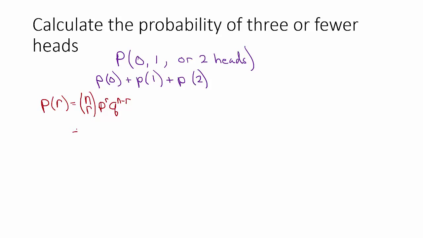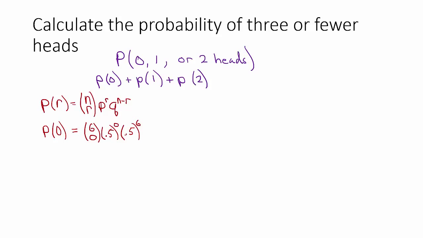So in this particular step, we're interested in the probability of 0 heads. So we have 6 choose 0. Probability of success is still a half. Number of successes is 0. Probability of failure is still a half. And the number of failures would be 6.